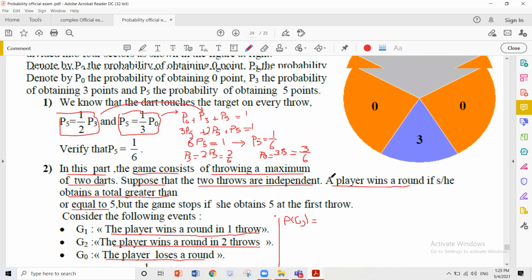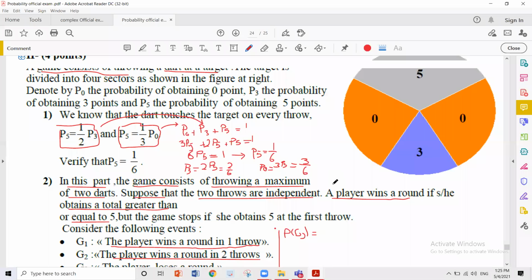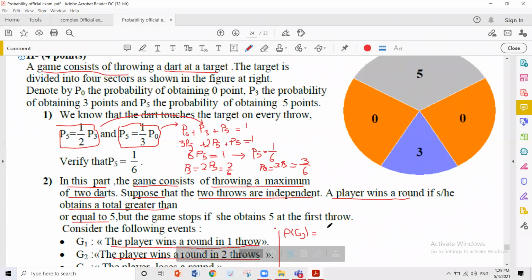Yes, هذا متى wins in the second throw. شو بقى تكون ال first throw? 0 أو 3. First throw is, we can say, probability. First throw is what? 0. The second throw is 5.